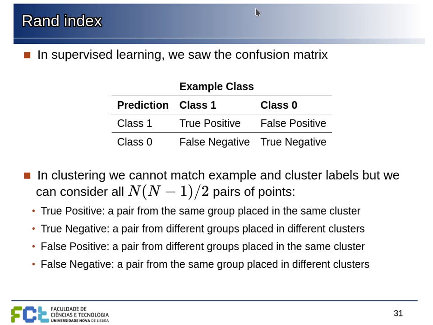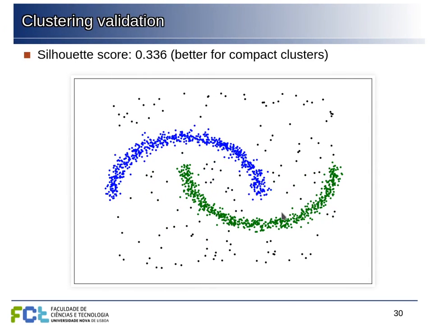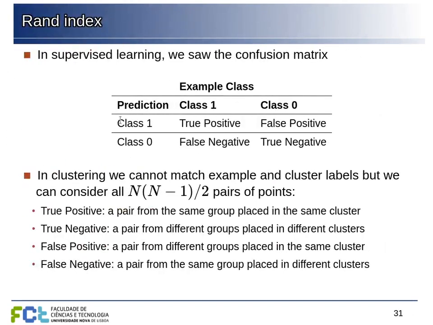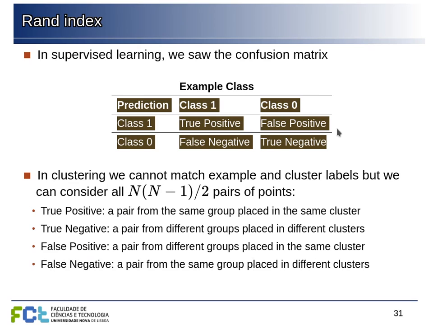If we cluster like this, for example, this could be cluster 0 and the green one could be cluster 1, or it could be the inverse, the blue one cluster 1 and the green one cluster 0. It doesn't matter. In clustering, the labels are arbitrary. So we cannot build a matrix like this with clustering.